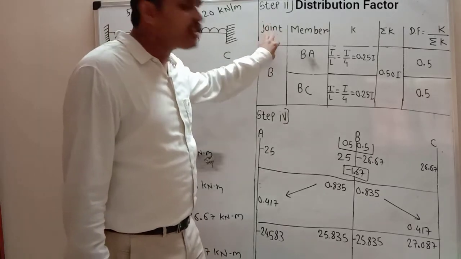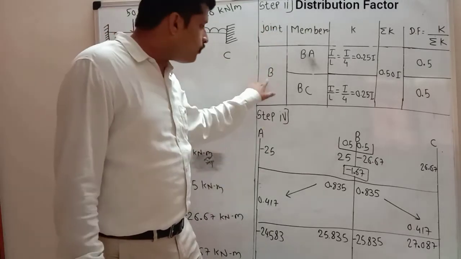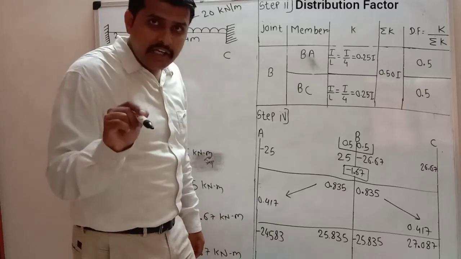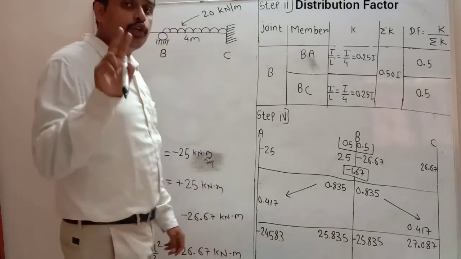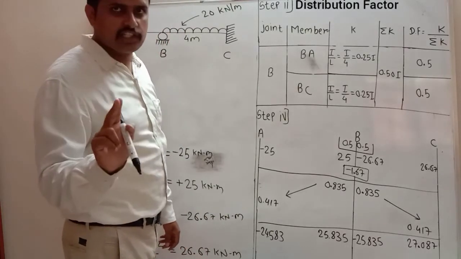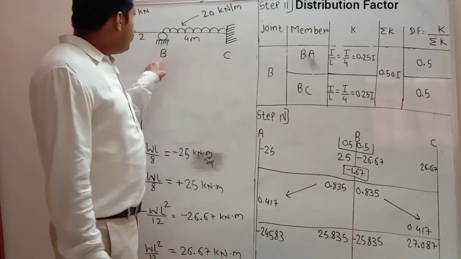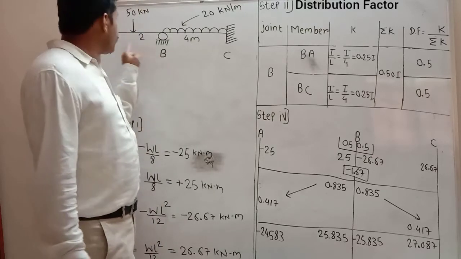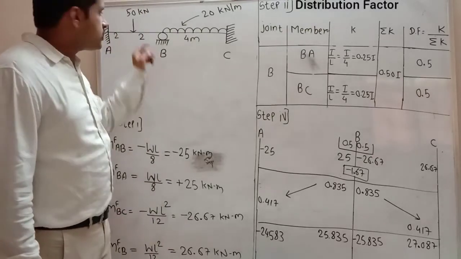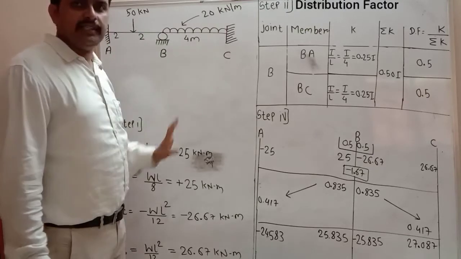So in the first column, we have to write the joint in which 2 members are attached. In joint B, 2 members are attached, BA and BC.